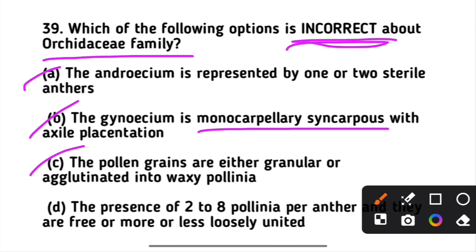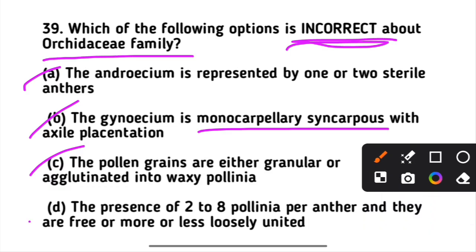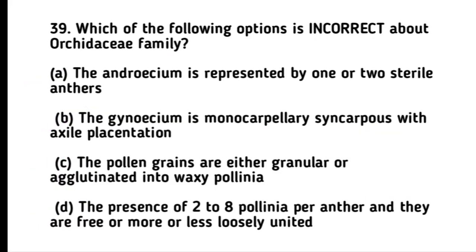Option C, the pollen grains are either granular or agglutinated into waxy pollinia. Option D, the presence of 2 to 8 pollinia per anther, and they are free or more or less loosely united. Option B is correct. The gynoecium is tricarpellary syncarpous with axile placentation. Option B is correct.